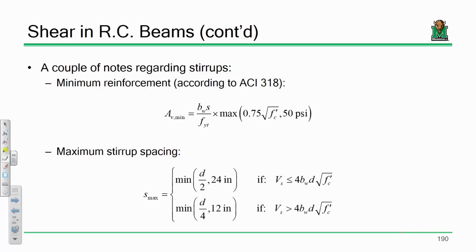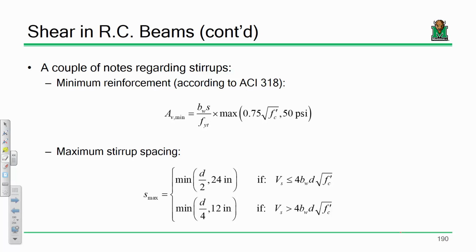Instead, we're going to use this term to figure out our limit on spacing. We can still use a number 3 stirrup or a number 4 stirrup or whatever size we want, but the smaller the stirrup size, the more stringent the limit on how far apart we can space them.